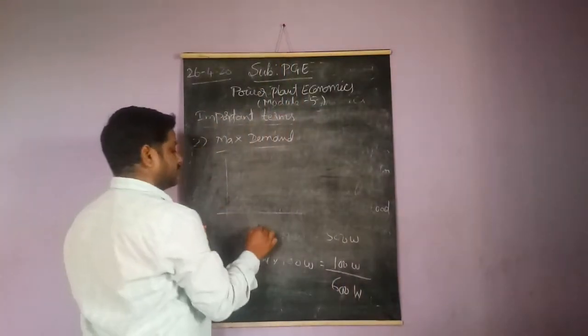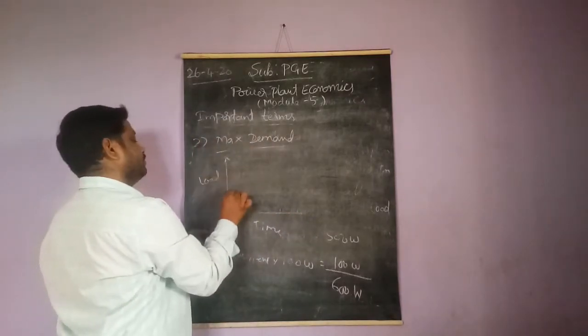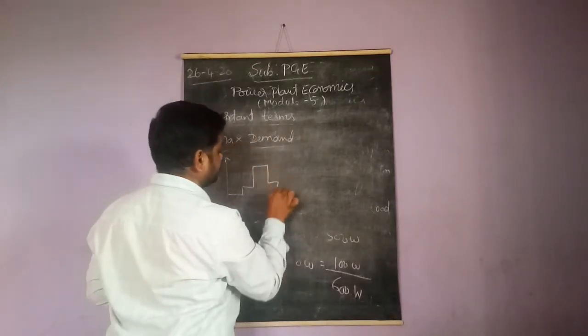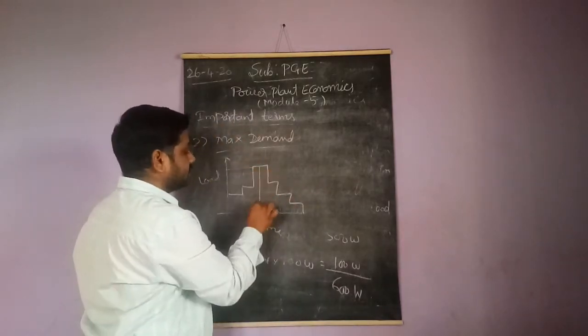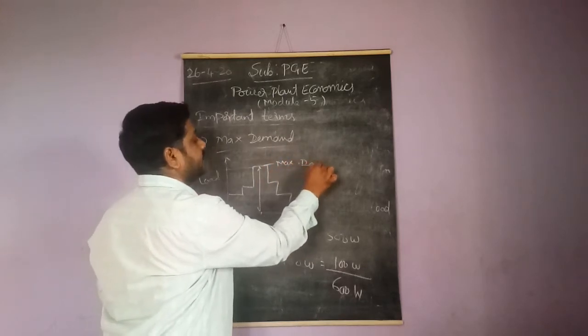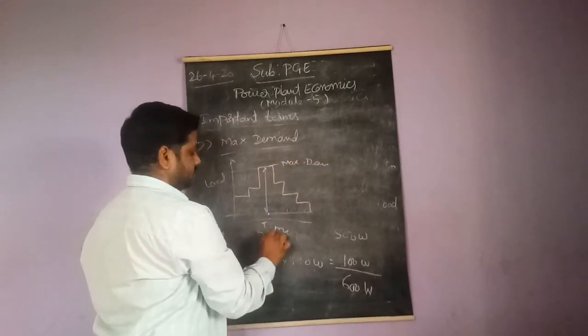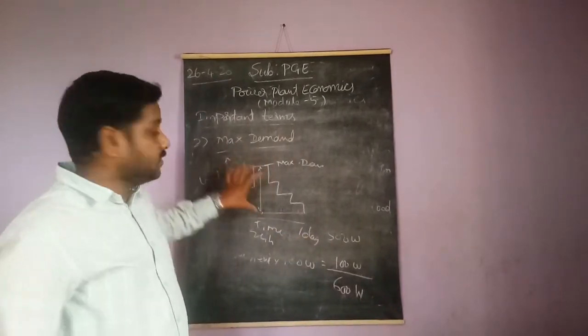Say this is time on the x-axis, and this is load. You may have a graph like this. Here this portion is the maximum demand of that particular day, say for 24 hours, one day.